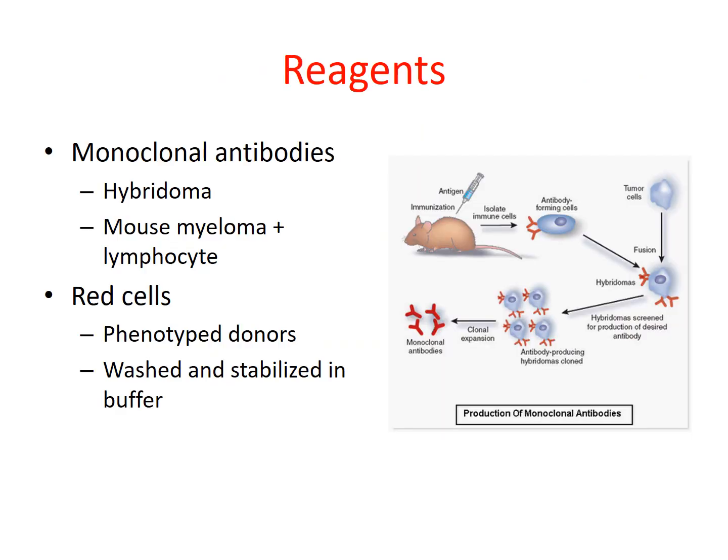The reagents. We just have to talk about the reagents, because the way we see the things that we see are all dependent upon the reagents that we use. Okay, the reagents that we use today are for the most part created using monoclonal antibodies. That's how they create those sera, the anti-sera that you use. So you fuse a mouse myeloma cell with a lymphocyte that produces the antibody of choice, right?